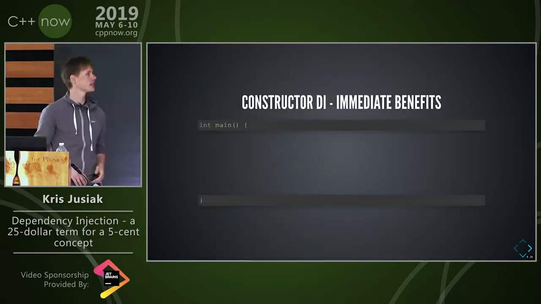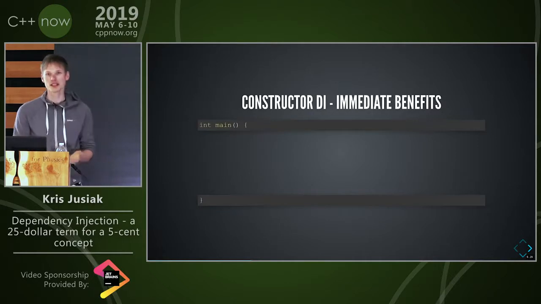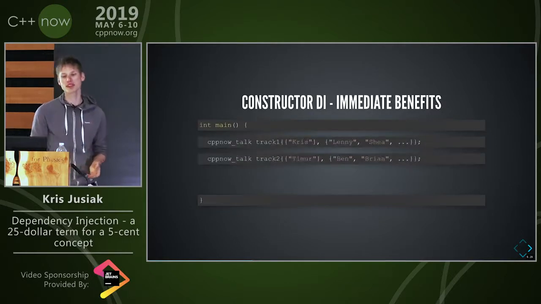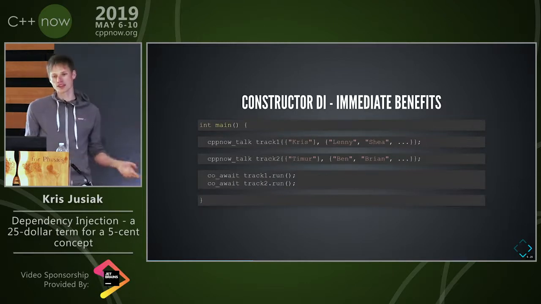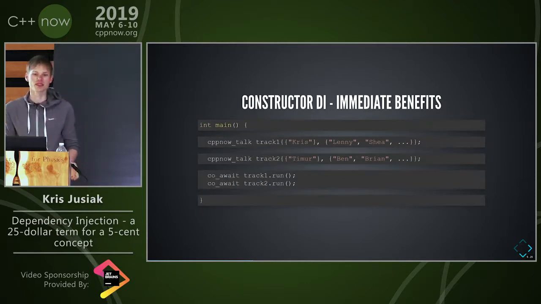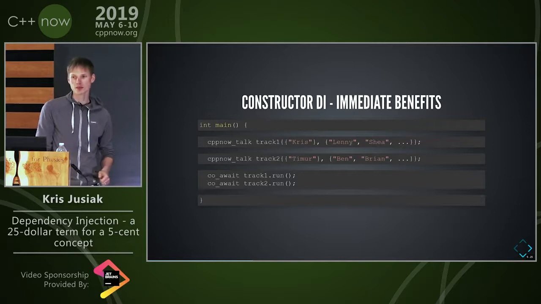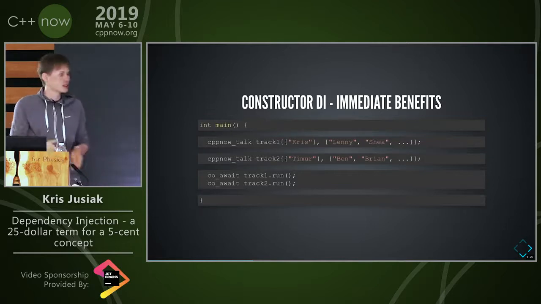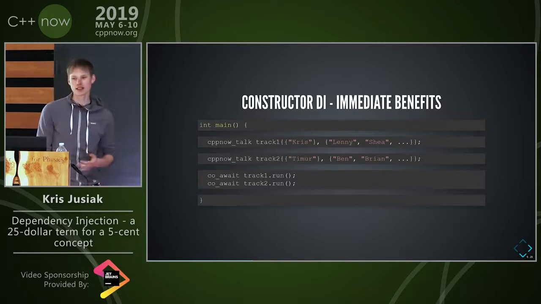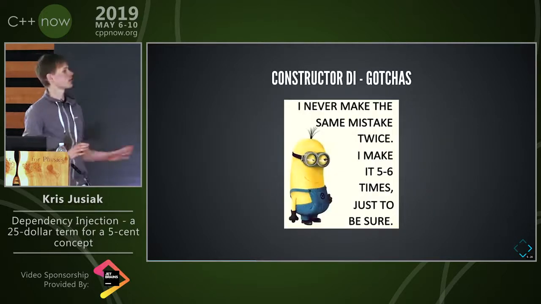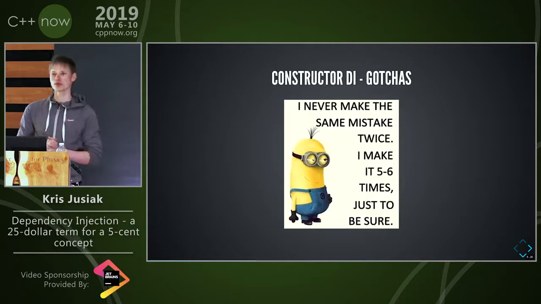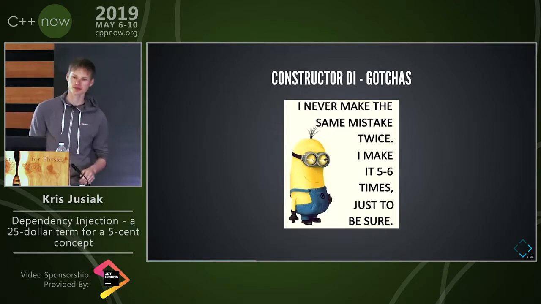So we get the immediate benefit of using DI this way. We can, for example, create 2 different tracks and run them in parallel. A very simple immediate benefit, which is already better because our design without any changes is less coupled to implementation. But there are tons of gotchas with DI, which we'll discuss right now.